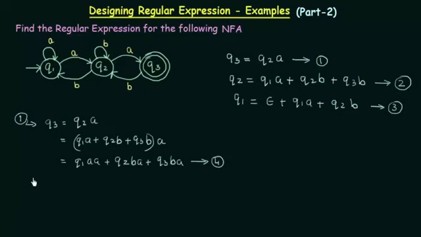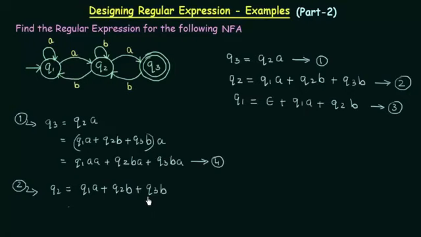Alright, so let's do the same thing for equation number 2, that is the state Q2. How did we write it? Q2 = Q1A + Q2B + Q3B. Now let us simplify this. Here we see that we have Q1, Q2 and Q3.